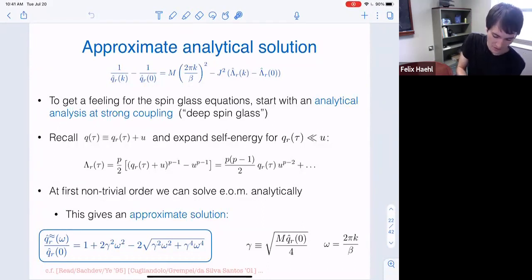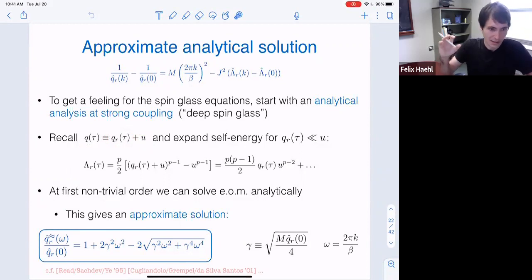So u is now non-zero. Recall that along the diagonal of our two-point function matrix, the capital U, capital Q, we had a split of the two-point functions into a constant, that was this order parameter, and then a time-dependent function on top of that constant.